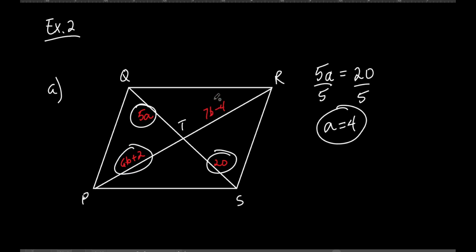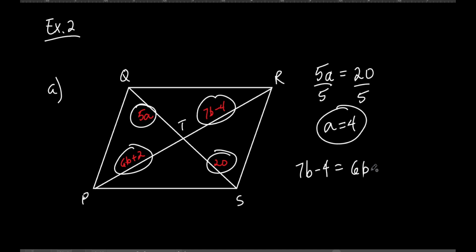So what's true about these two? Yeah, and why are they equal? I kind of skipped over that. Why are they equal to each other? Because the diagonals of a parallelogram bisect each other. Exactly right. So they bisect each other, which means they split each other in half, or into 2 equal parts. So this one and this one are equal to each other. So let's do it. I like to put the bigger number first. So 7b minus 4, I'll put that on the left. Doesn't matter, you could do it either way.